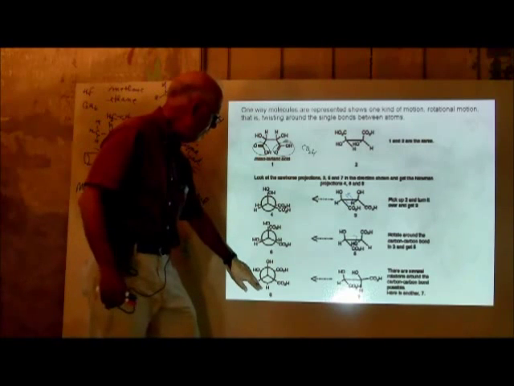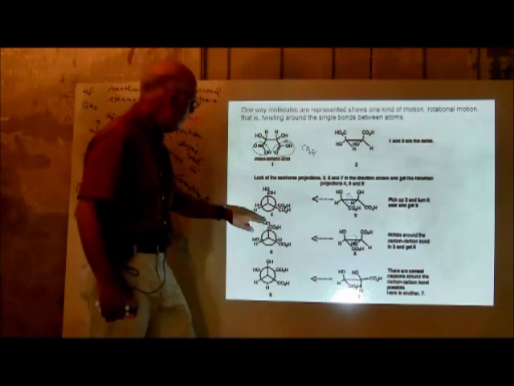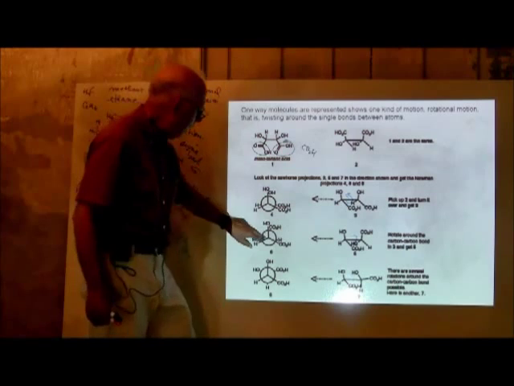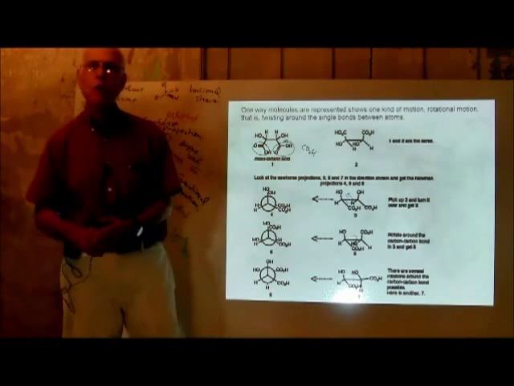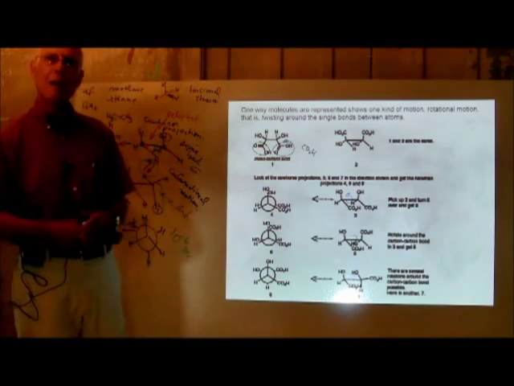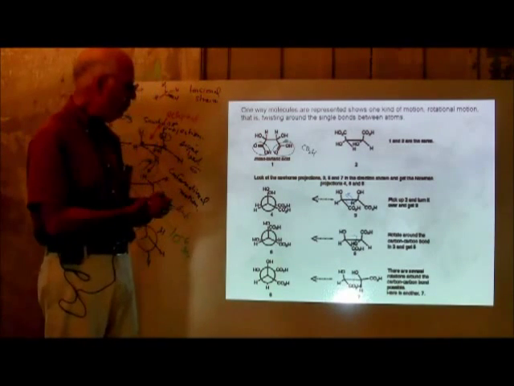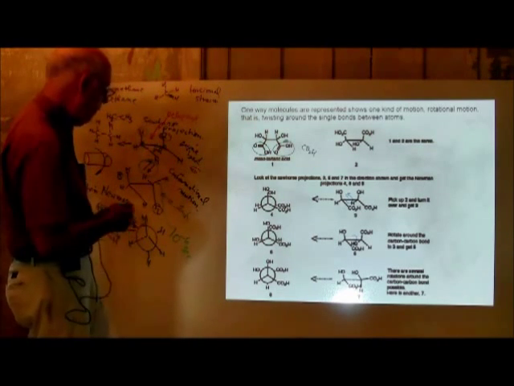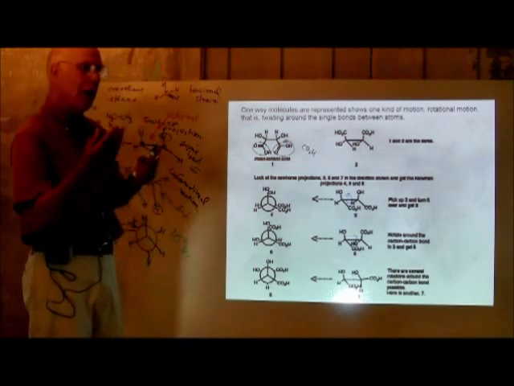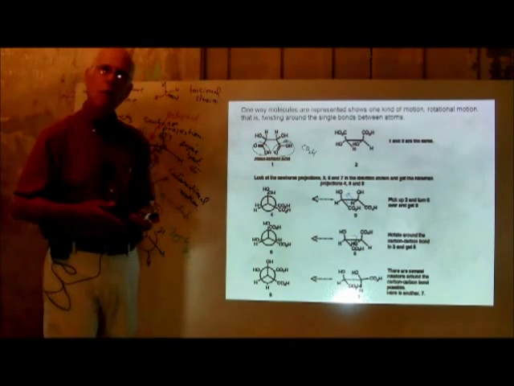And this conformation will also be, so these two are diastereomers, these two are diastereomers, these two are diastereomers, and they're all in rapid motion, happening millions of times a second. That's the conformational property of these kinds of molecules. And the more complicated the molecule, the more rotation you can have around this.